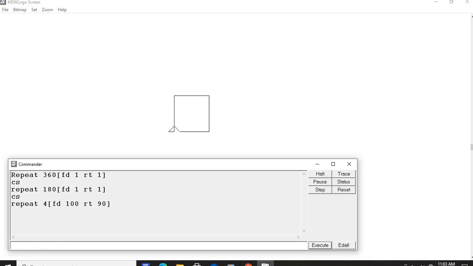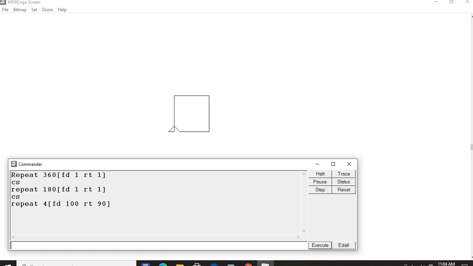In this case, everything is clear. The repeat command repeats. 4 is there because the square has 4 sides. FD 100 means of size 100. The only thing that is not clear is why I am using RT 90. I have explained to you that when a circle moves, it covers an angle of 360 degrees.